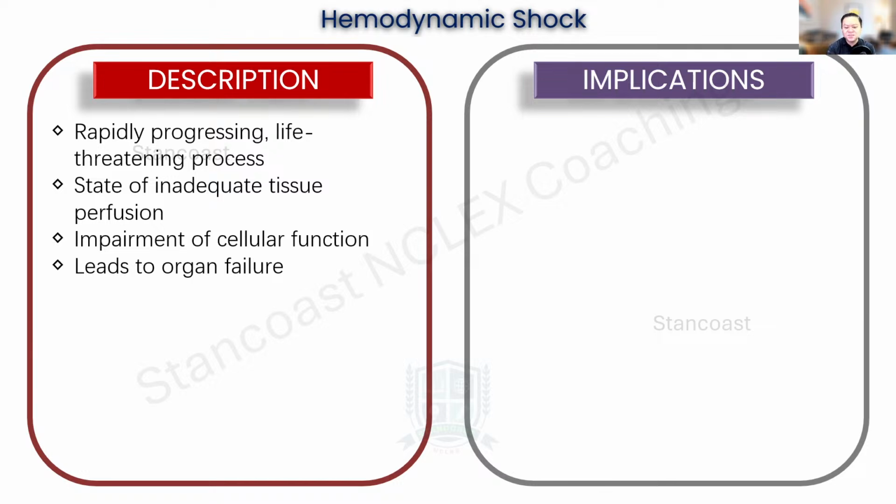So for the elderly, what do we expect, especially in the older adults? Well, they are going to be very vulnerable in shock because of the body-related changes, wherein they will have less ability to compensate for decreased tissue perfusion.